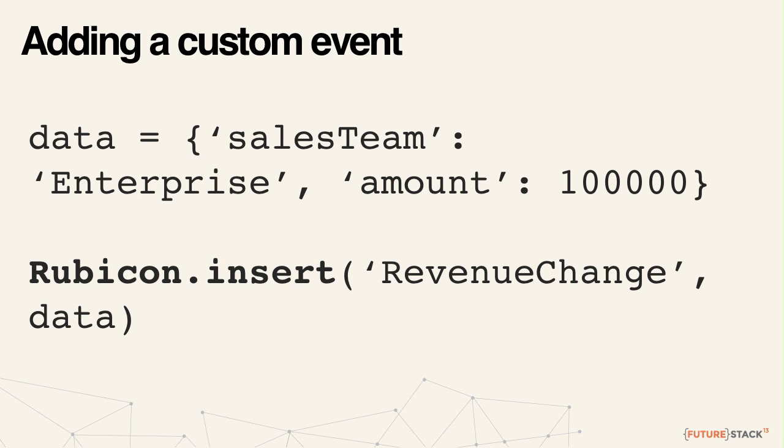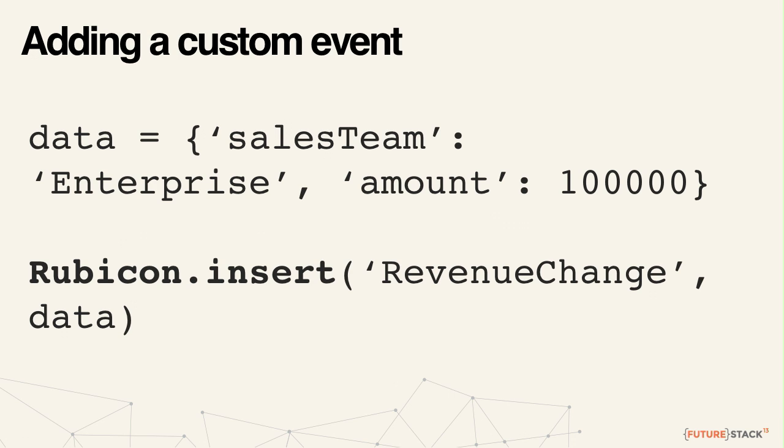And Rubicon allows you to add custom events as well. So if the New Relic agents aren't able to collect all of the different events that you want, you can just add a custom event. Again, the API to do that's really simple. It's just rubicon.insert and then the event name. In this case, we are putting in an event for every kind of sale we had on the site.